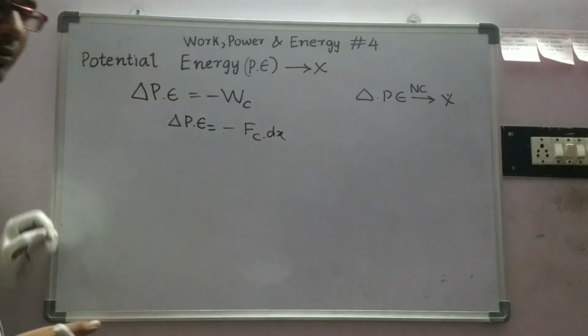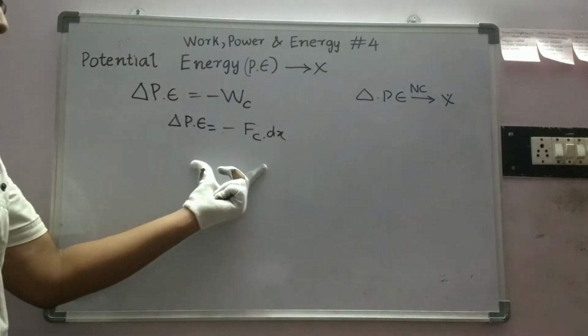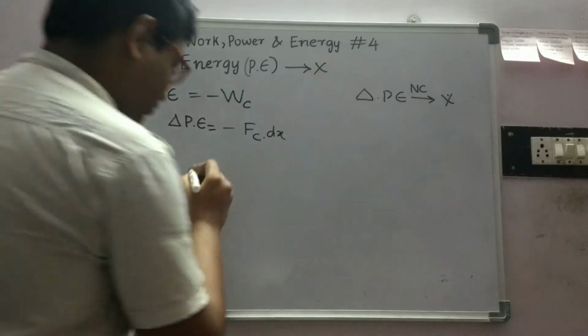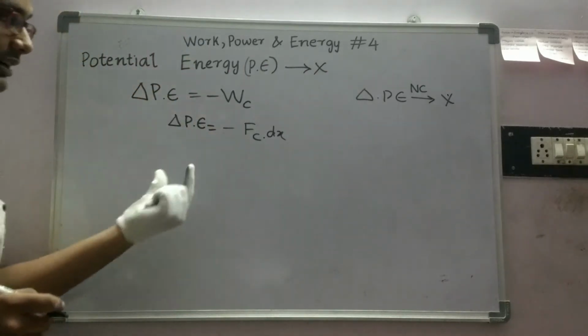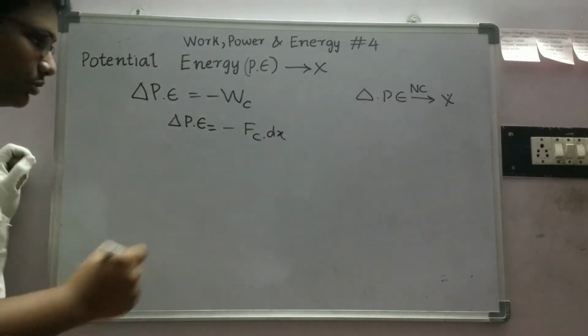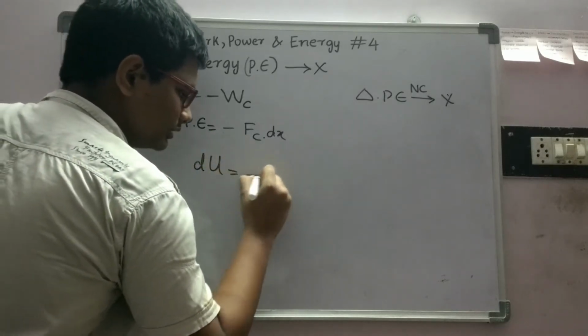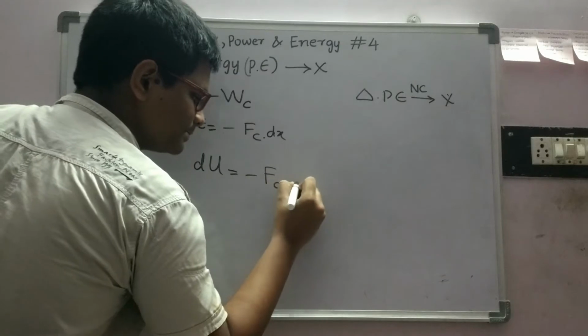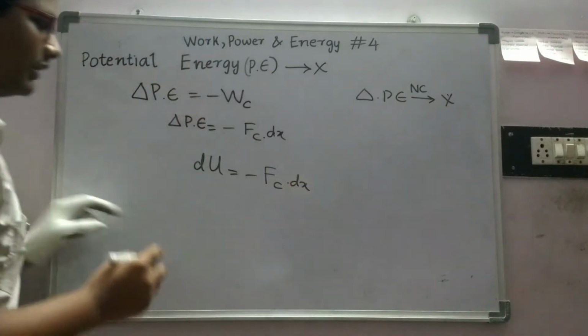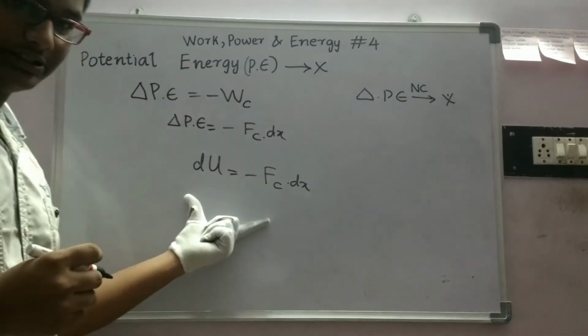You know the work formula, right? Now I'll write potential energy as U. Now it becomes dU, small change in potential. Now this is the formula for change in potential energy.